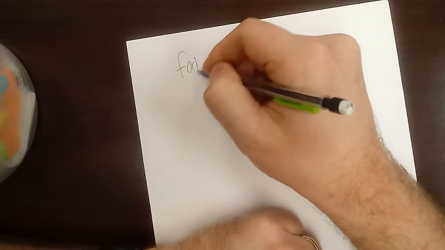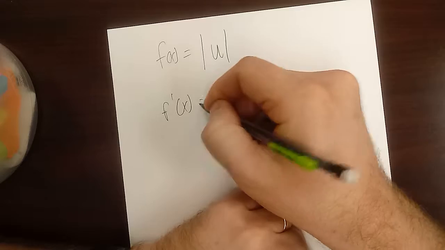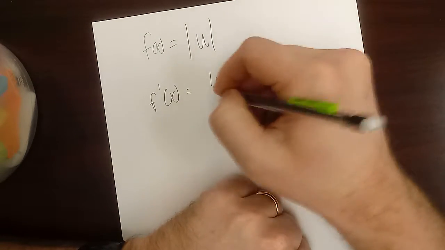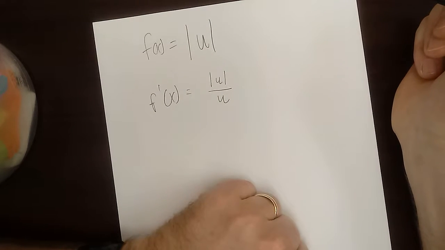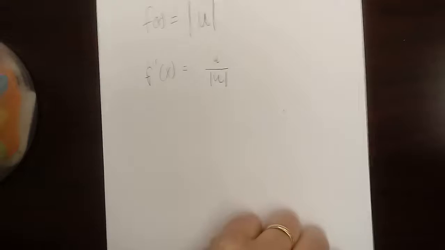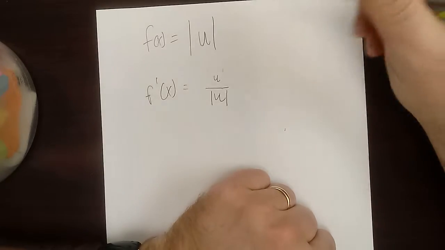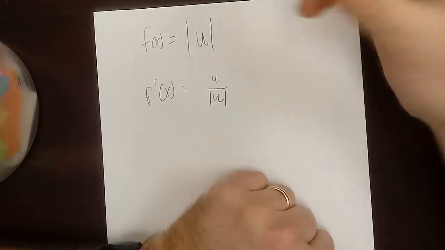In general, let's say f of x is equal to the absolute value of u. The derivative of this is equal to the absolute value of u over u. Wait. All right. Oops. I'm glad I went and double checked that. I had it backwards. It felt wrong.